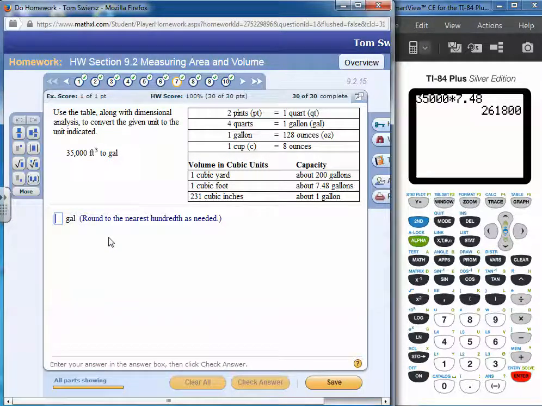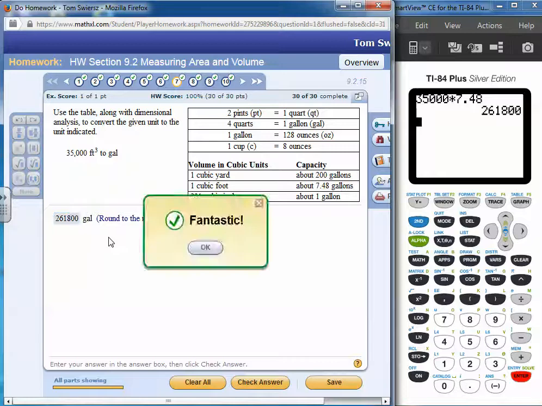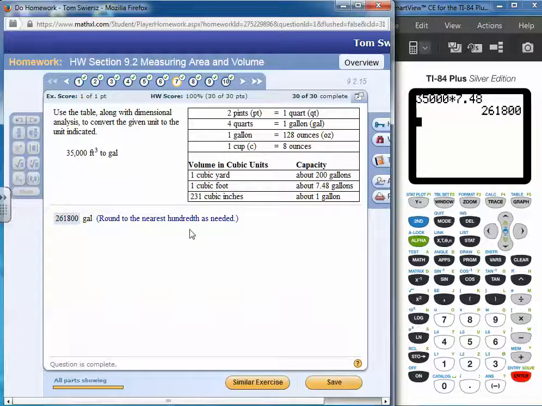Again, my number is a whole number, so I just put in that number. It says round to the nearest hundredth. There's no need to round off to 2 decimals because I just got a whole number. You just put in the whole number. You don't have to put in any decimals, and MyMathLab will mark it correct. If you get decimals in your answer, then you'll go ahead and put in the answer to 2 decimals.